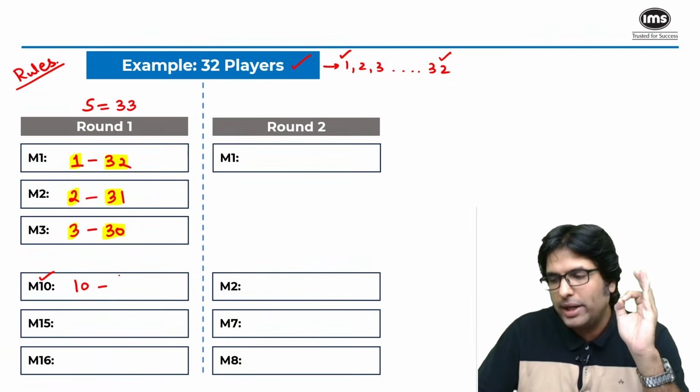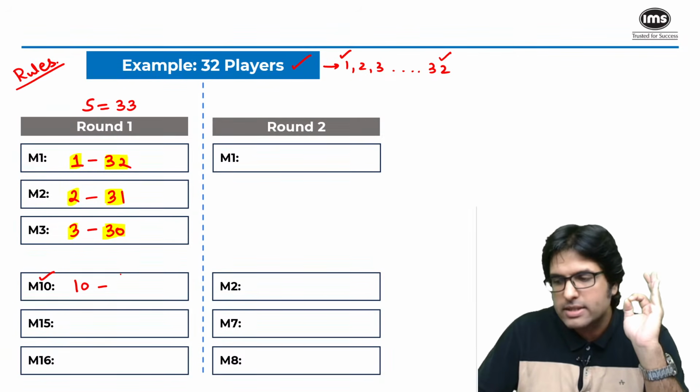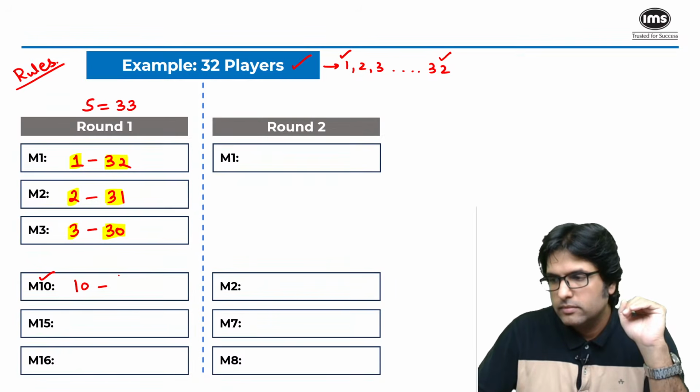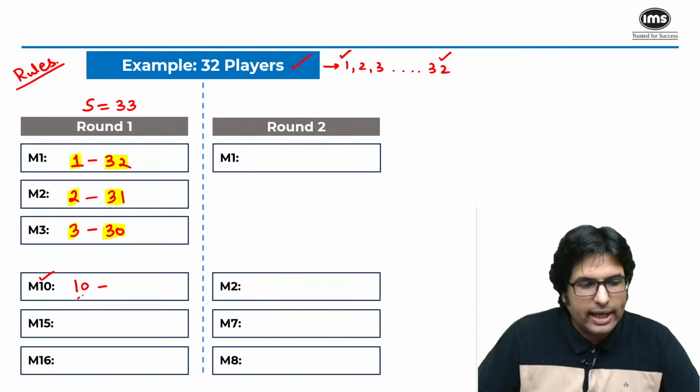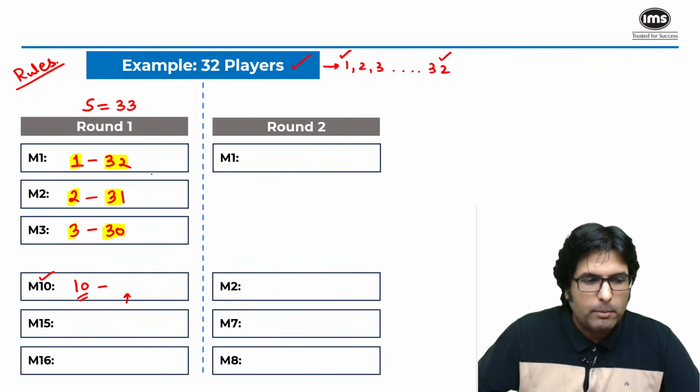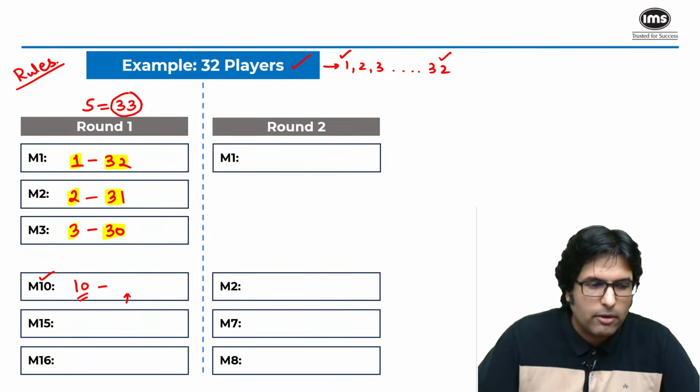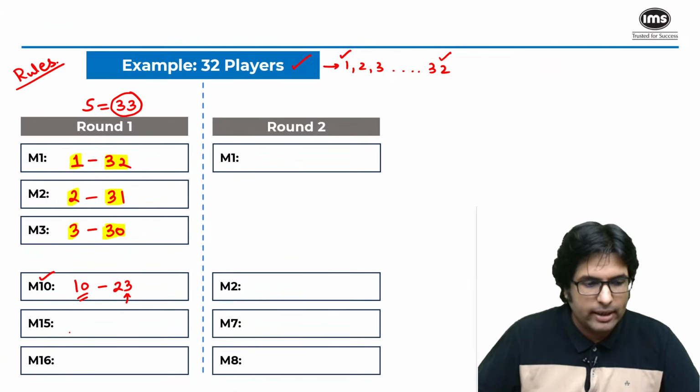The sum total has to be 33 for the ranks. Perfect. Excellent. So player rank 10 would play a match against player rank 23, so that the sum of ranks as a pattern is continued. 10 would play against 23.